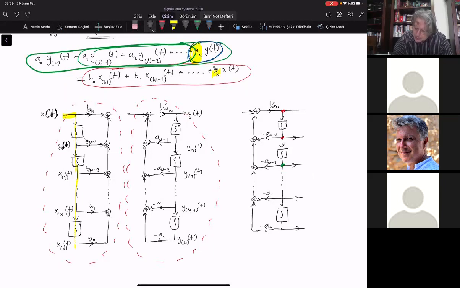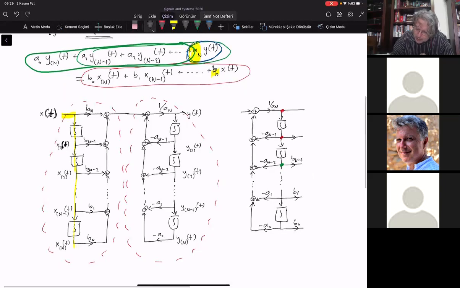And these outputs will start from the bottom as B0. This will be B1, and it will continue to B sub n minus 2, B sub n minus 1, and here it's going to be B sub n, and it will be accumulated from the bottom, to produce y of t, where the input was x of t.